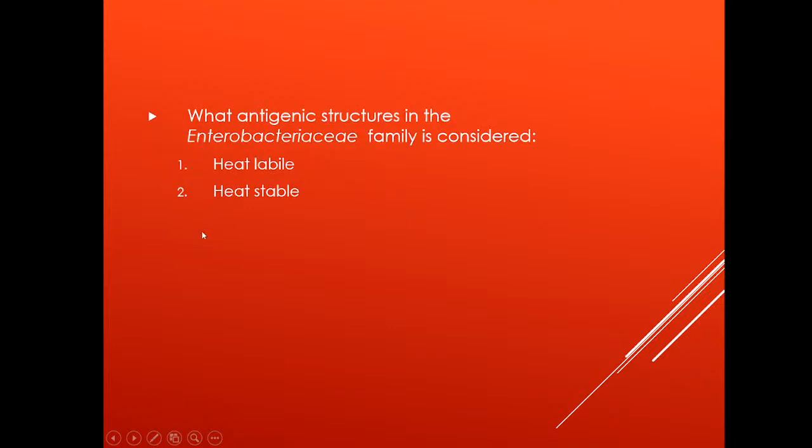Now, antigenic structures in the Enterobacteriaceae family that are considered heat labile and heat stable. Let's talk about the K and O antigen. Both capsular and flagellar are considered to be heat labile, and the only heat stable antigenic structure is your O antigen.